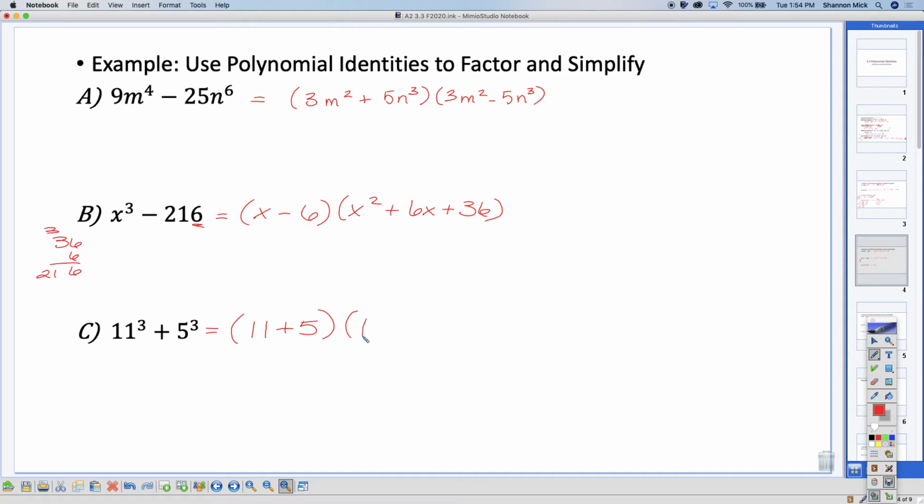Then it's going to be 121 minus 55 plus 25. Okay, so this is 16 here. 55 minus 25 would be 30. And then 121 minus 30 would be 91.